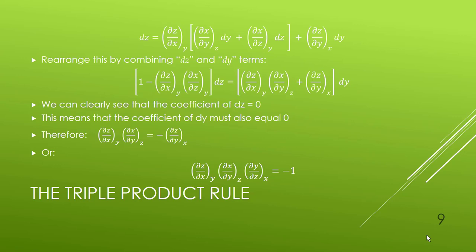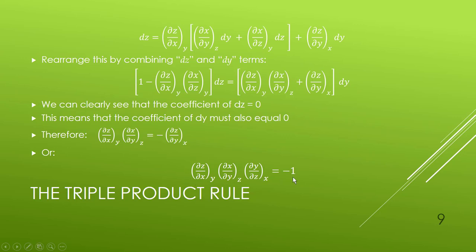So what this tells me is that this other coefficient over here, (∂z/∂x) at constant y, (∂x/∂y) at constant z, plus (∂z/∂y) at constant x, must be equal to 0. And then we can algebraically rearrange that to get to the triple product rule.